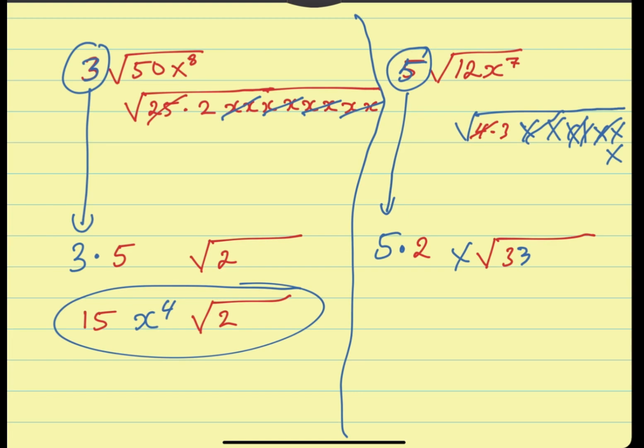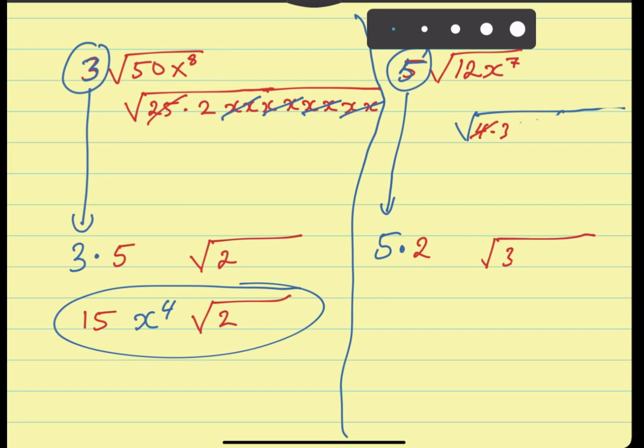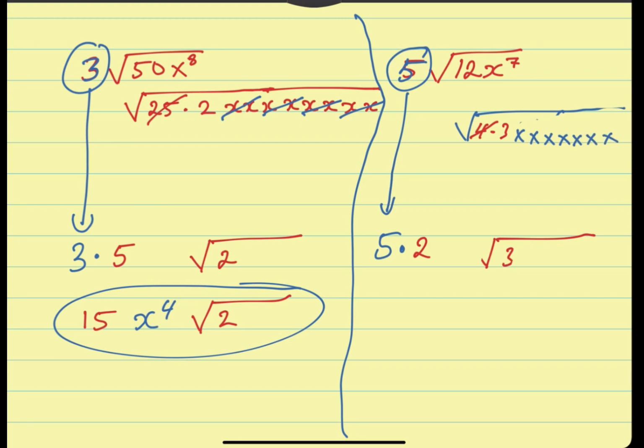Not like that. Remember, you put them in groups of what? Let me write it smaller so it's going to fit together. 1, 2, 3, 4, 5, 6, 7, right?